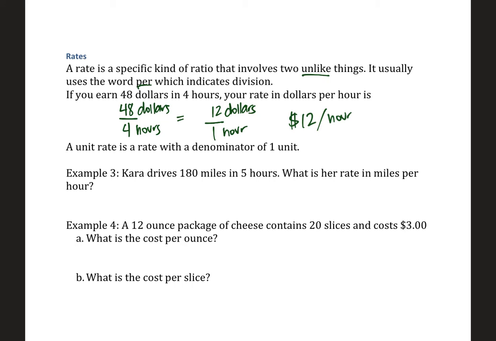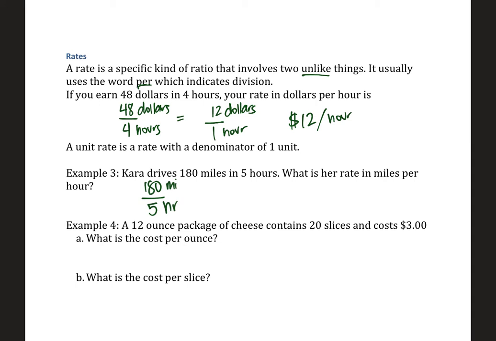That's a unit rate. Okay, for example 3, Kara drives 180 miles in 5 hours. What is her rate in miles per hour? So I want to do the same thing, set up that equation. So it's miles per hour, so miles should be on the top. 180 miles over 5 hours. So what I'm going to do is simplify this fraction.